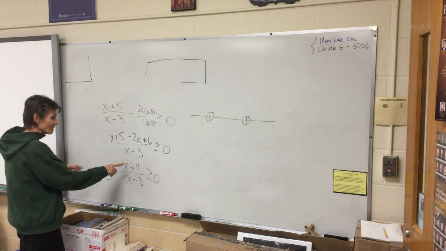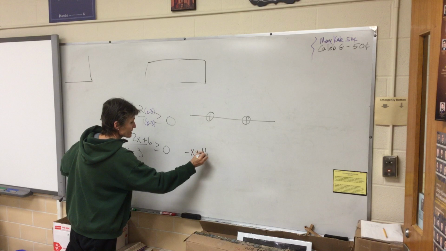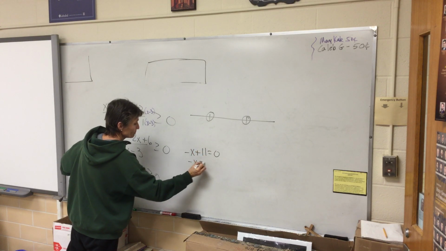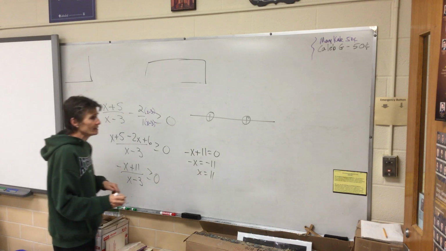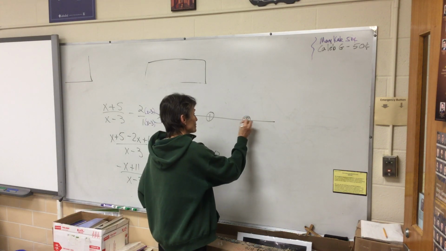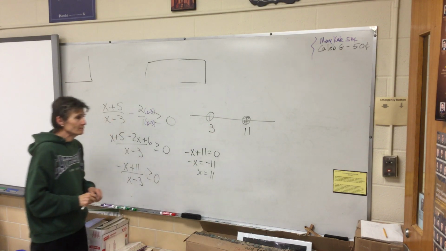And that negative messes me up, and I want to be careful, so I'm going to go ahead and set that equal to 0 so that I can see my top dot is at 11, closed in, and my bottom dot is at 3, open.